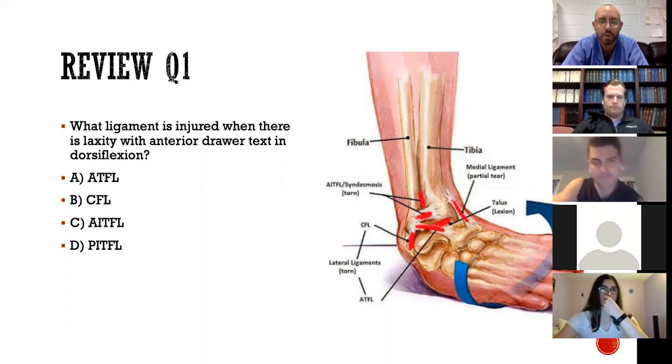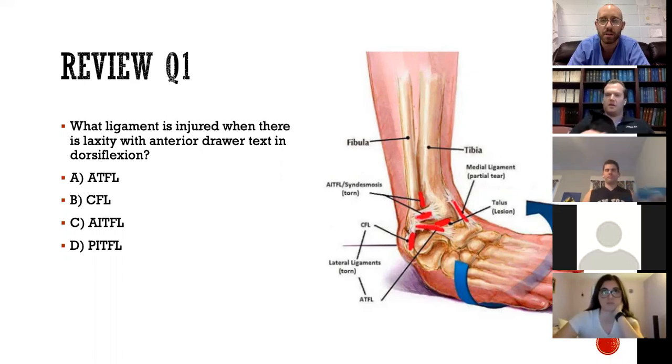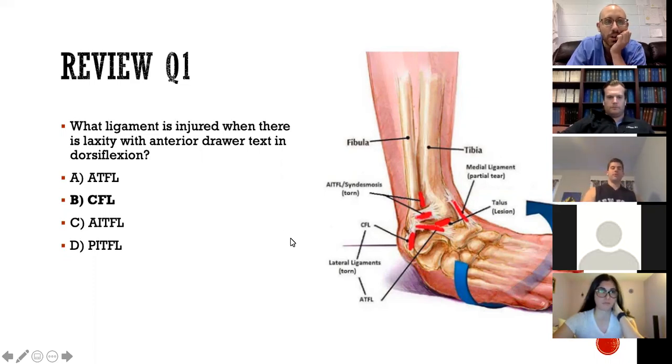And D is posterior inferior tibiofibular ligament. All right. You can go to the next slide. So it's B, the calcaneofibular ligament.